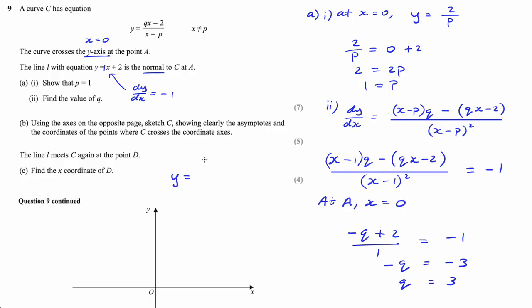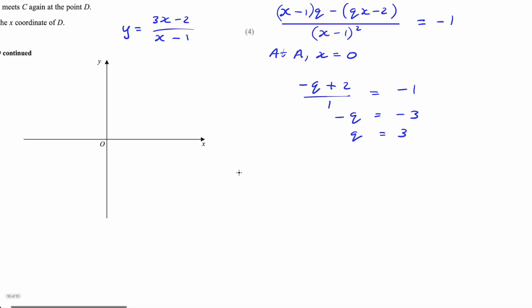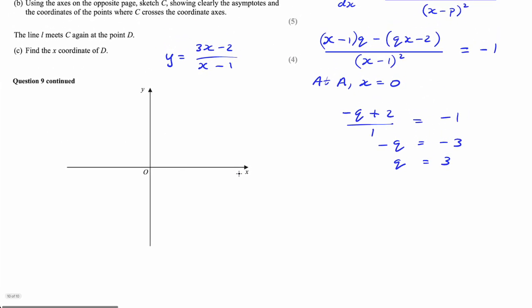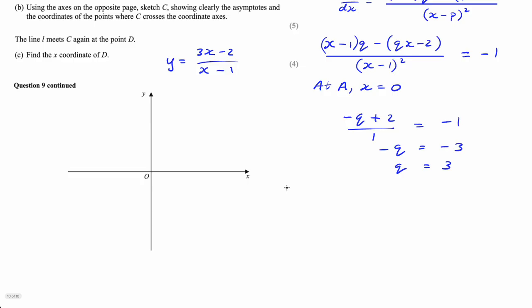So it's (3x minus 2) over (x minus 1). That is what we are trying to sketch. To sketch these graphs, everyone, we need the x-intercept. The x-intercept is when y is 0.